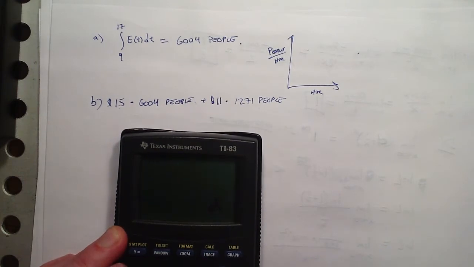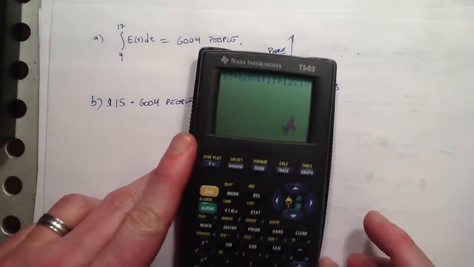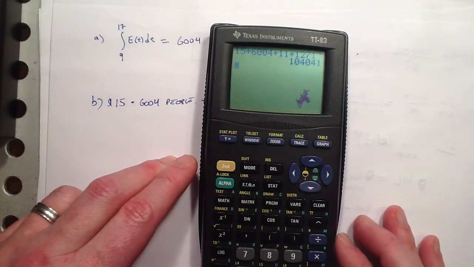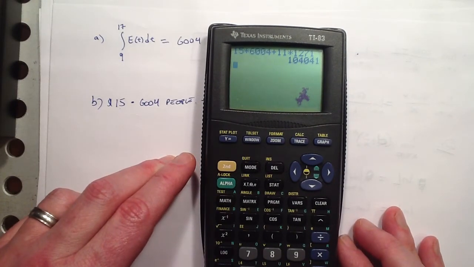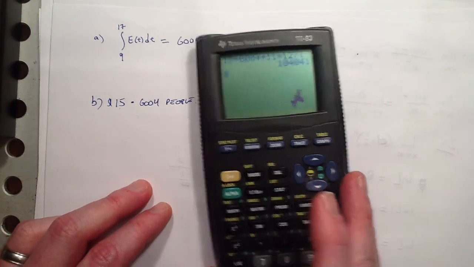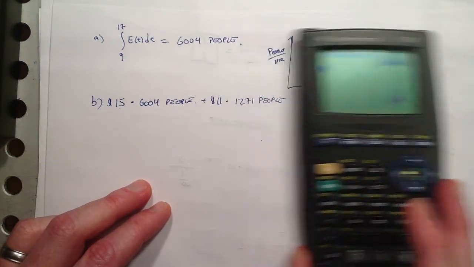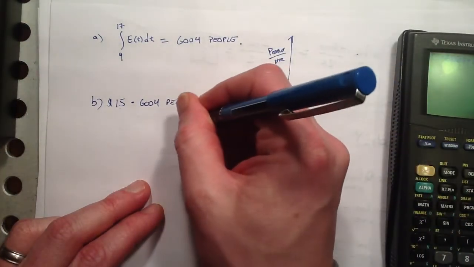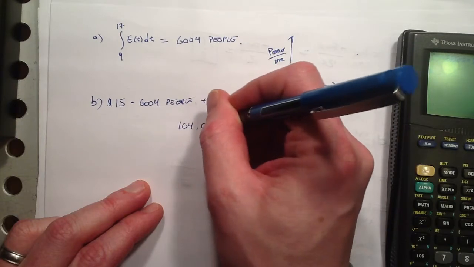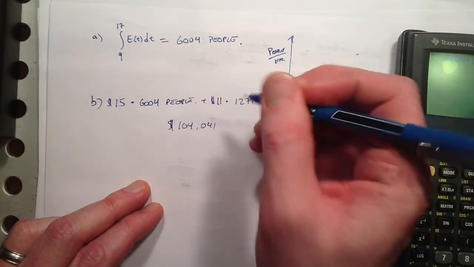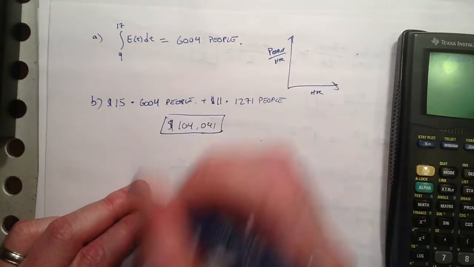Let's see, 15 times 6,004 plus 11 times 1,271. So $104,041. $104,041. Maybe we're in the wrong business, huh?